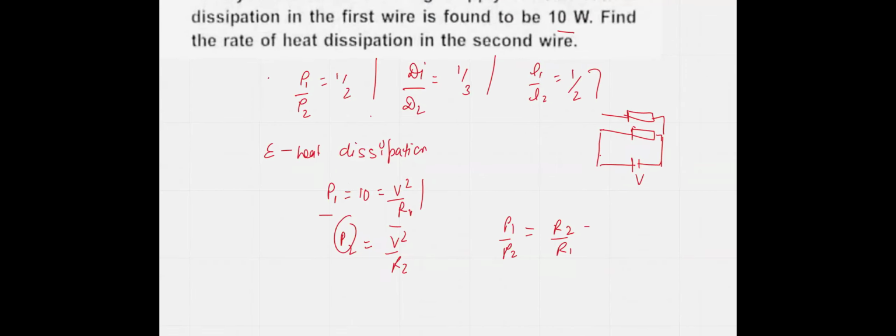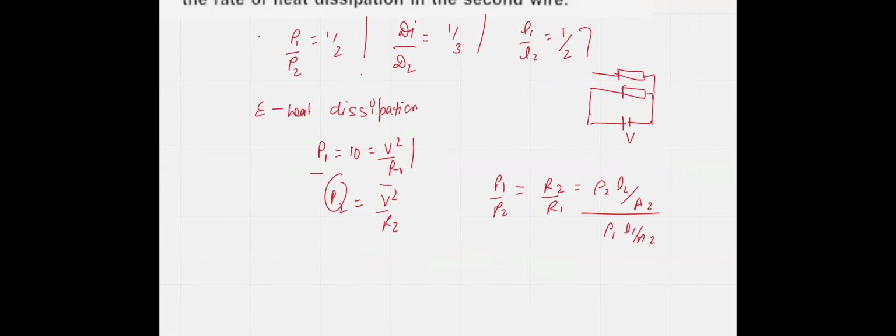I can write R2 as ρ2 L2 by A2 divided by ρ1 L1 by A1. If you rearrange, this is power 1 divided by power 2 equals ρ2 L2 by A2 over ρ1 L1 by A1. So again, A1 will go upside and A2 will go down.